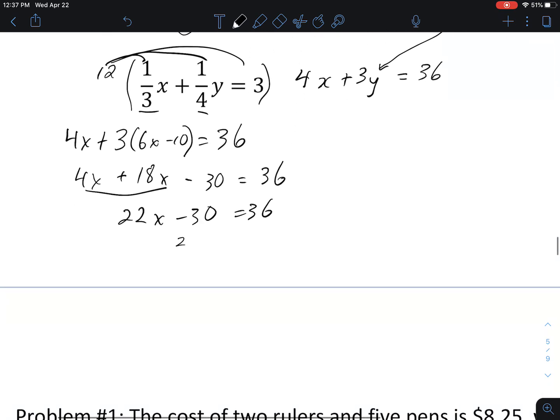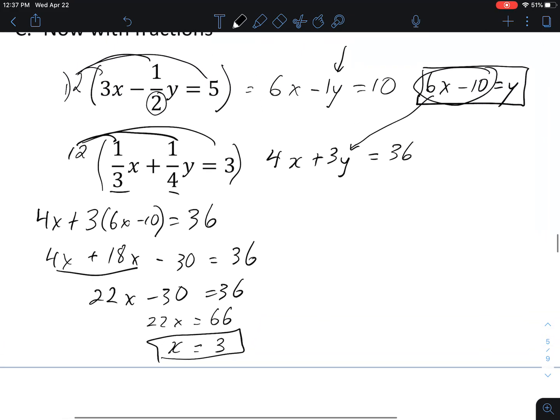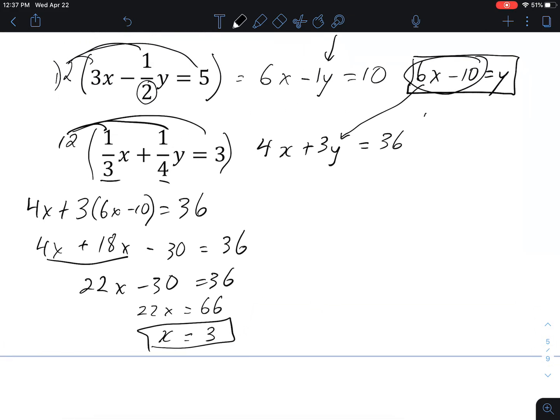And I'm going to combine these to get 22. And I'm going to add my 30 to the other side to get 66, and divide by 22 to get 3. So in this one, my answer for x is 3, and that's half the answer.